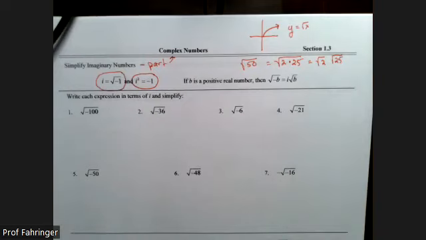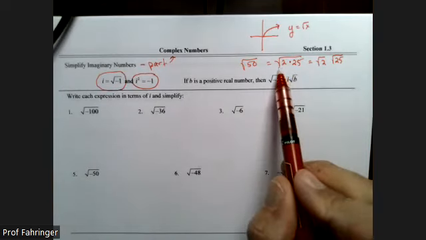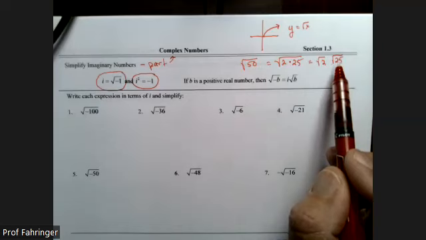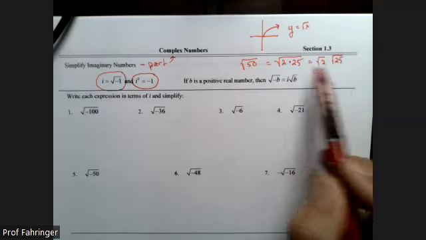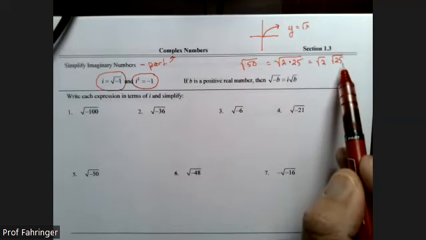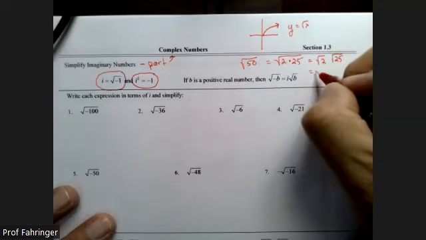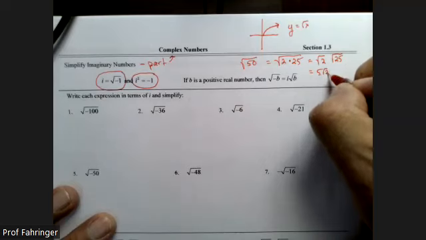I was allowed to break those apart. And the reason I broke those apart is I can simplify this because 25 is a factor of 50, but it's also a perfect square. And I can take the square root of that. And this would now give me 5 square root of 2.